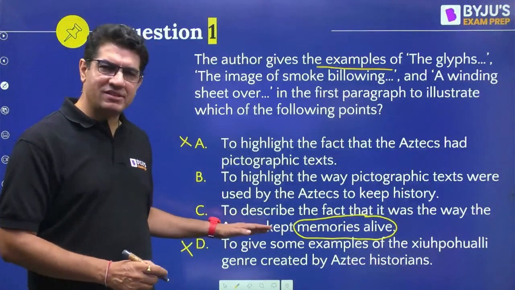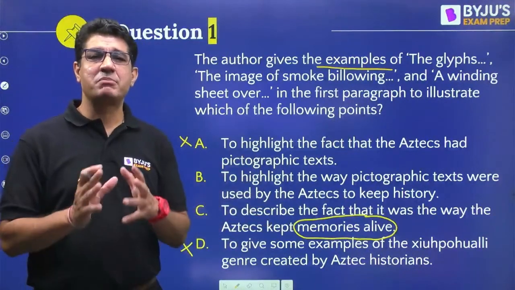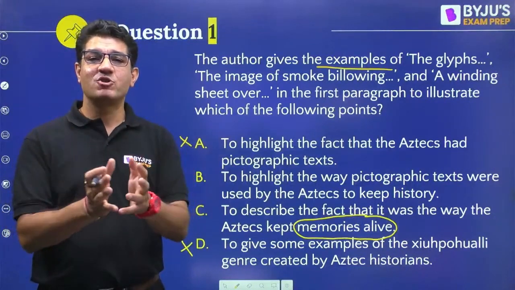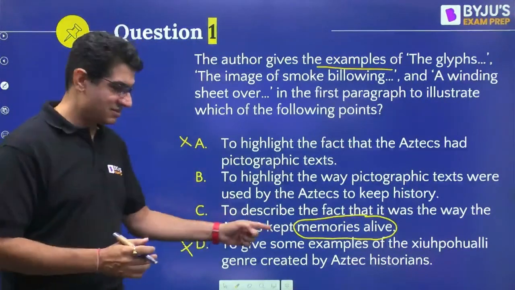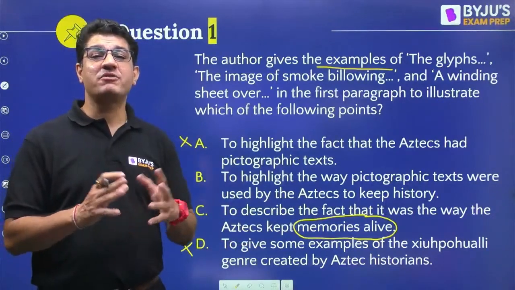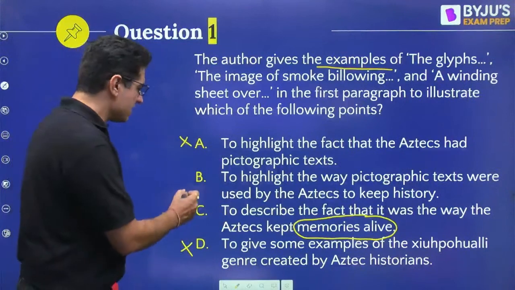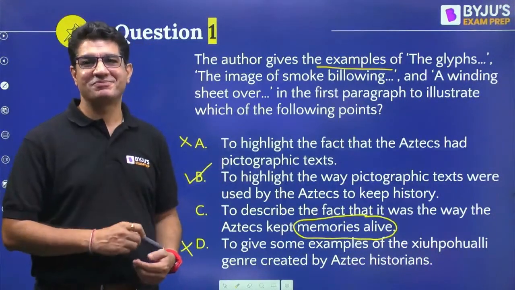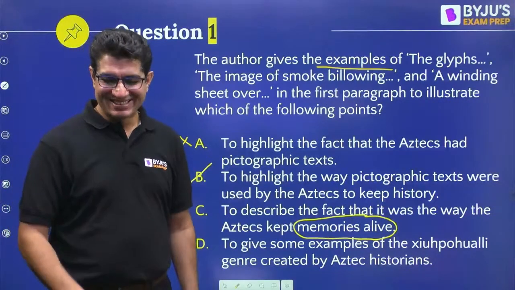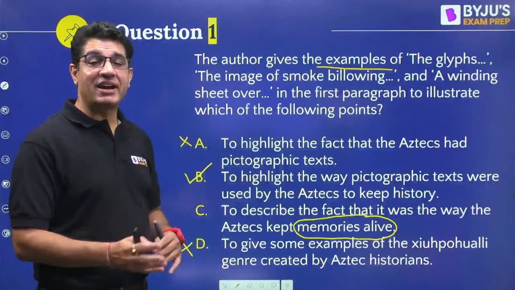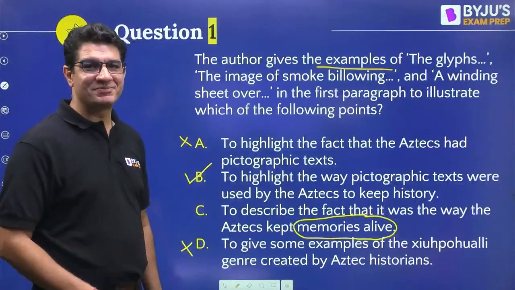The kind of memories that the paragraph talks about are memories which are useful or significant for that entire group of people, for all the Aztecs. Whereas this option does not really talk about that kind of collective memory, and therefore I'd suggest that we prefer B over C. So C is not as close to that idea as B is.